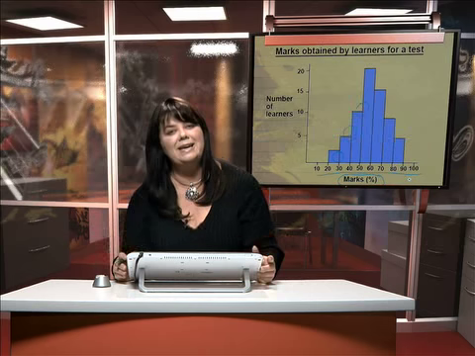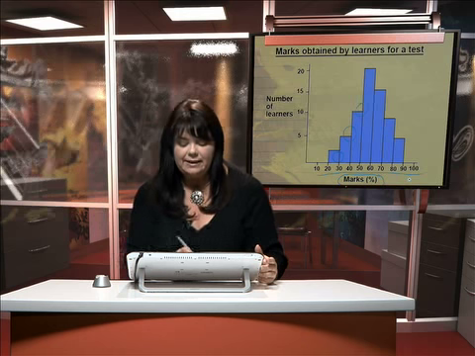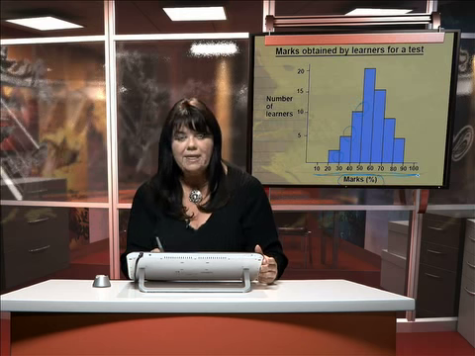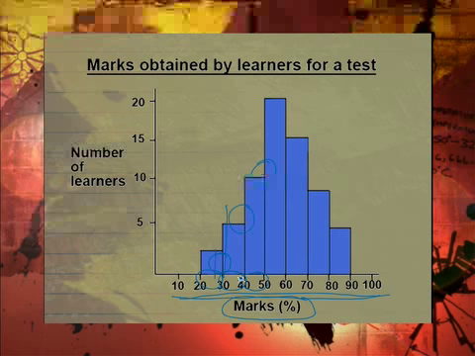Well, this is called a histogram. And what happens with a histogram is we take the variable that is continuous, but we divide it into ranges. We say the information from 20 to 30%, the information from 30 to 40%. And so we've got the information here where it's not every single learner that we're plotting on an individual bar graph.